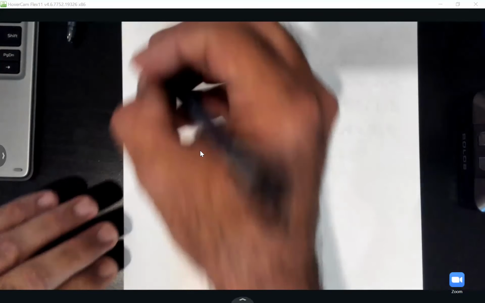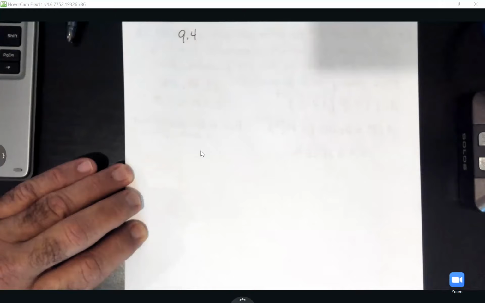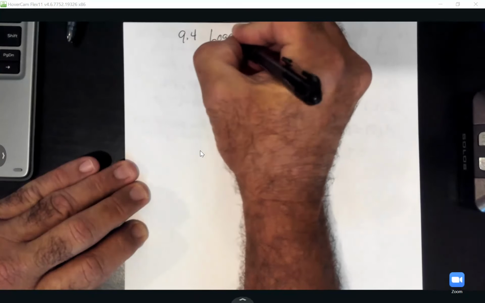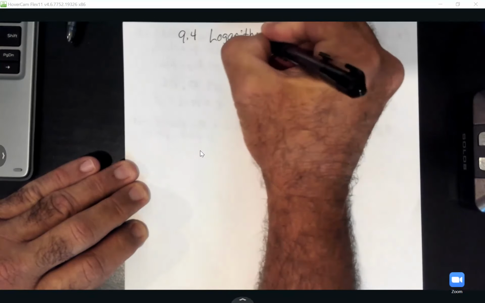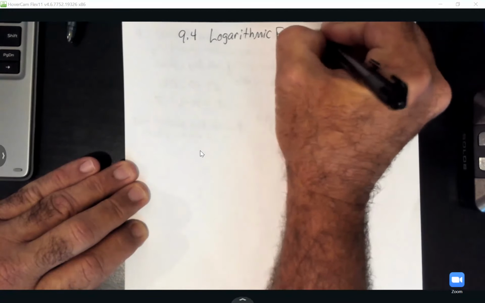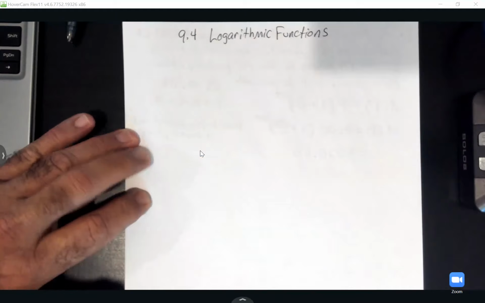All right, y'all. So 9.4 deals with logarithmic functions. So let's figure out what a logarithm is.